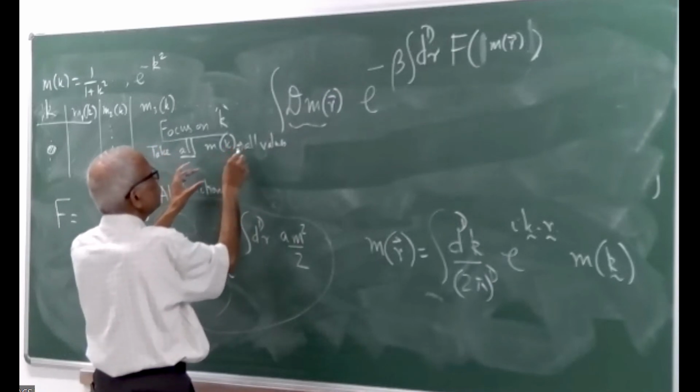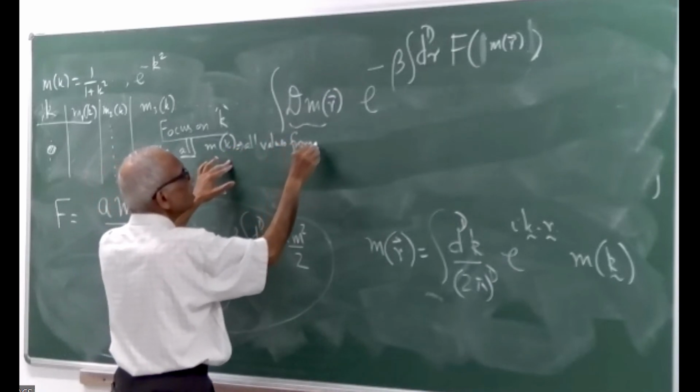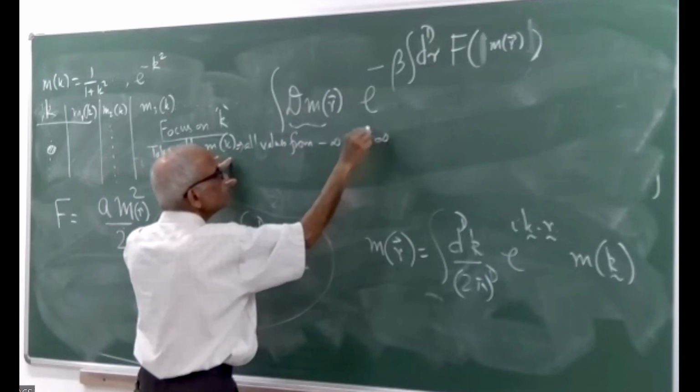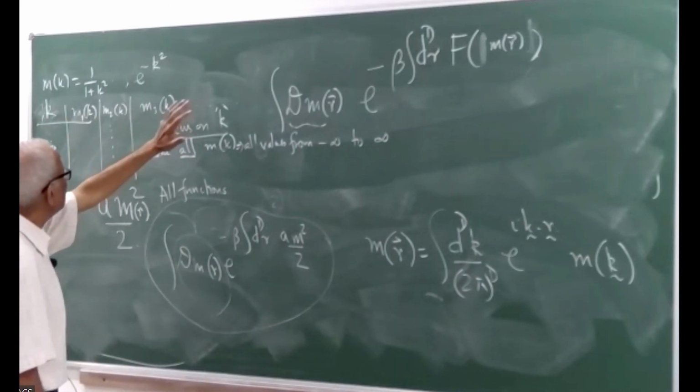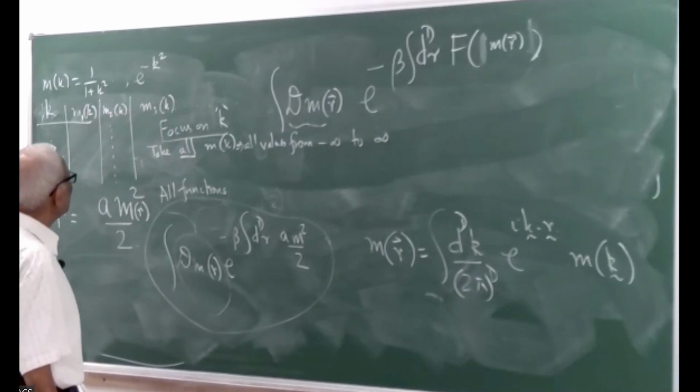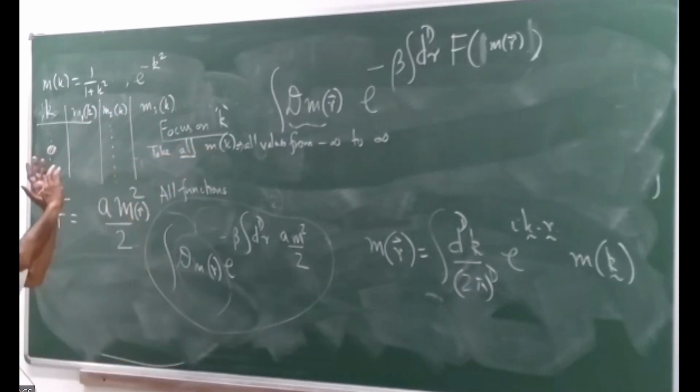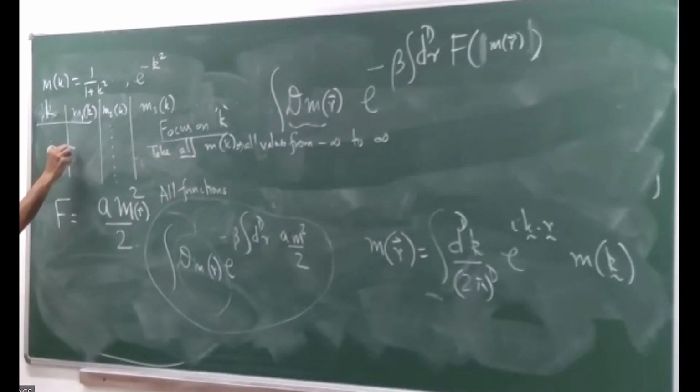All m of k at a given k implies all values from minus infinity to plus infinity. So if I go along this line, I'll be picking up all values of m of k, so here is one value, here is one value, here is one value, and on I go.